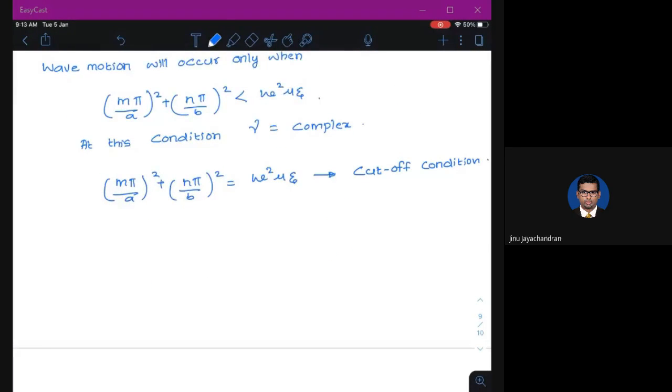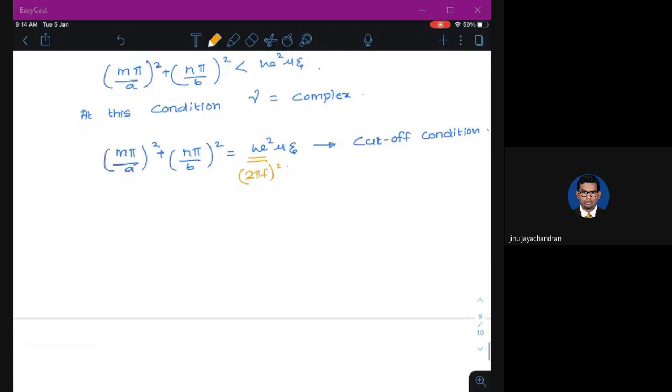So you see, omega is actually 2πf. This is (2πf)². So we can derive something called the cutoff frequency. So you say (2πf)²με is equal to (mπ/a)² + (nπ/b)².